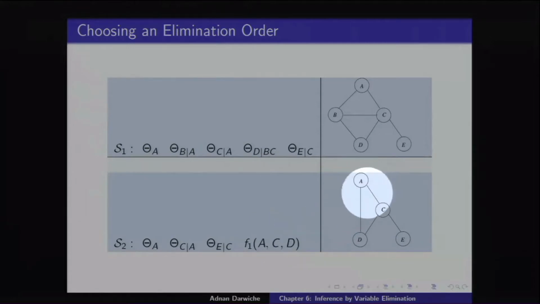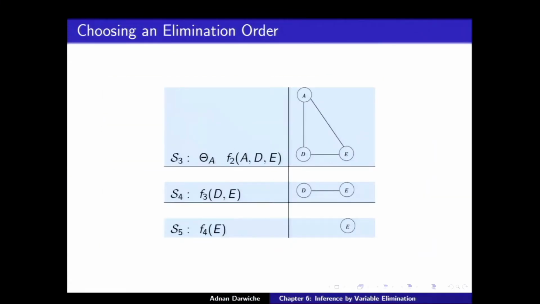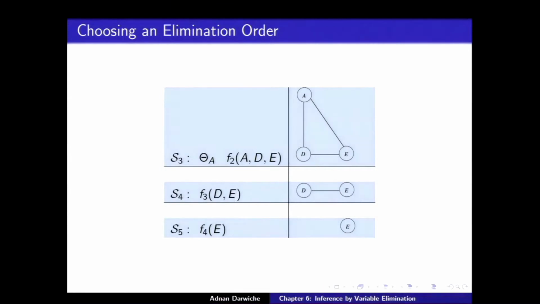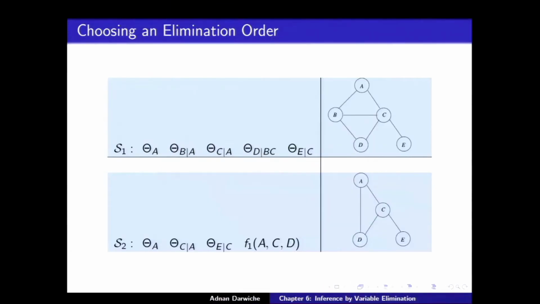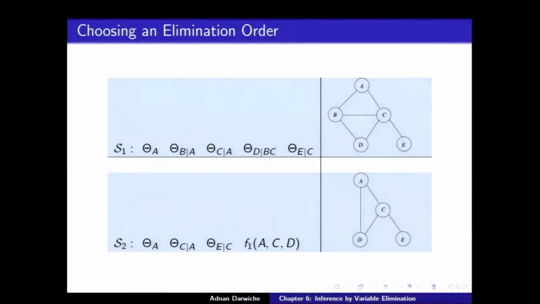I must have a clique over these, and so on. Now, I eliminate one more variable, and then I get these sets of factors, and here's the interaction graph, and so on. Now, the question for you is, if I just give you this graph, and I tell you generate that sequence of graphs, can you do it?